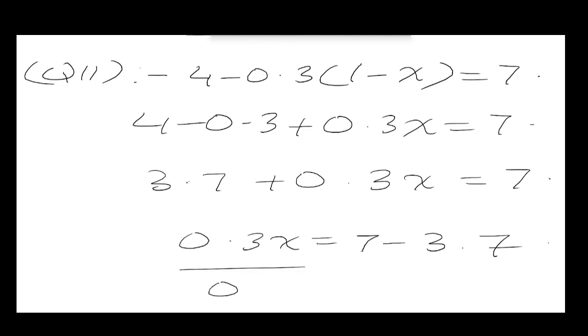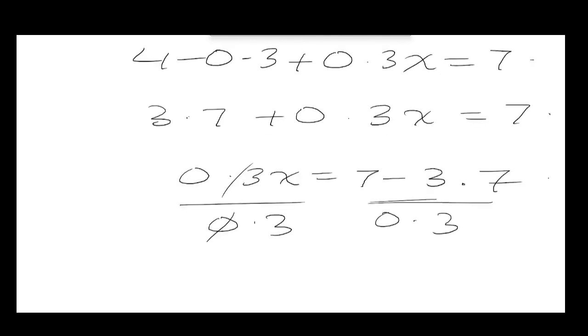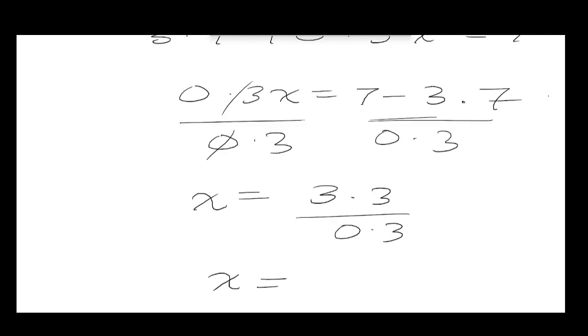So 0.3 will be divided on both sides. So when 0.3 will be divided on both sides, firstly 3.7 will be subtracted from 7, and then it will be divided by 0.3. So we can write x is equal to 3.3 divided by 0.3, and x will be equal to 11. So this is our final answer for question 11.